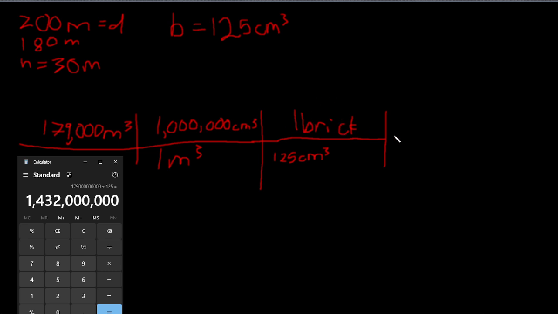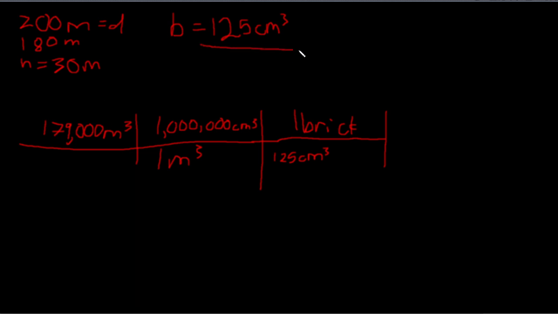So I'll go over this a little slower now. We're trying to get to the amount of bricks from a volume. We know the volume of a brick and we know the total volume, so we need to figure out how many bricks can fit in that volume. If you want to convert from one volume to another, you just find out how many of that unit is in the bigger or smaller unit.